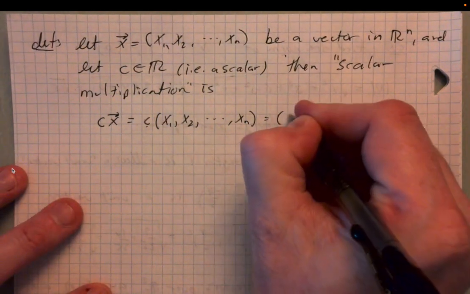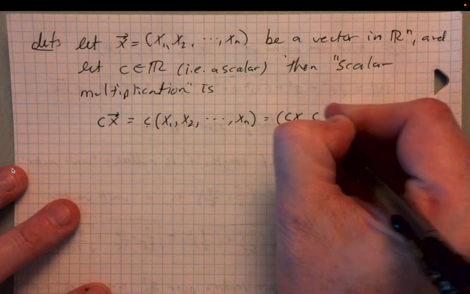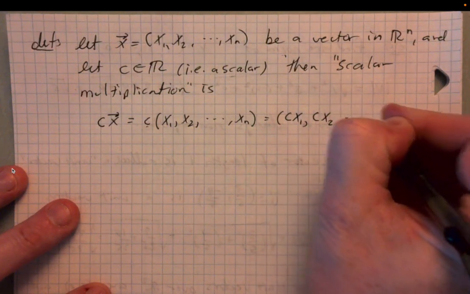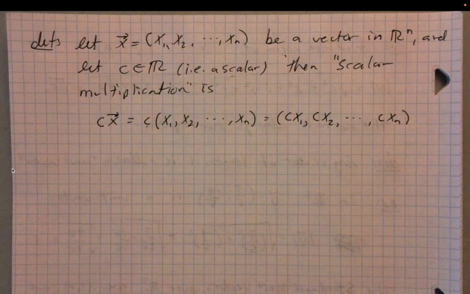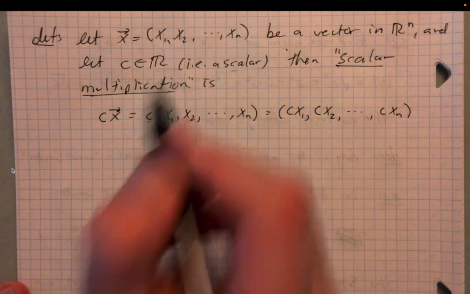Right, so this is going to be equal to c times x1, and then c times x2, and so on, all the way up to c times xn. Okay, and this is what we mean by scalar multiplication.